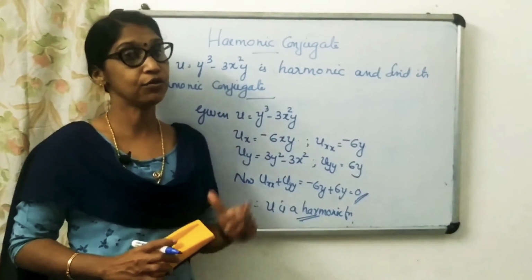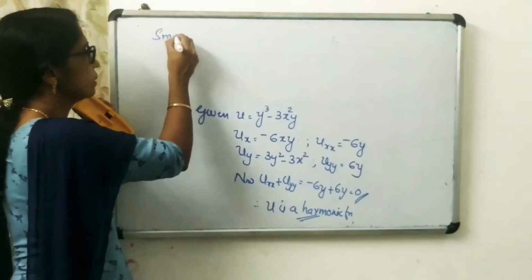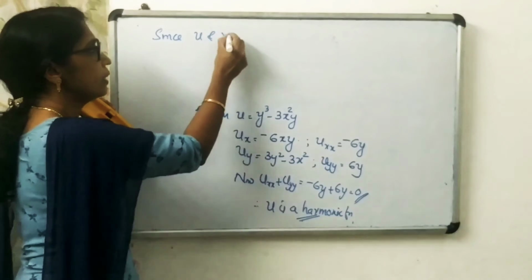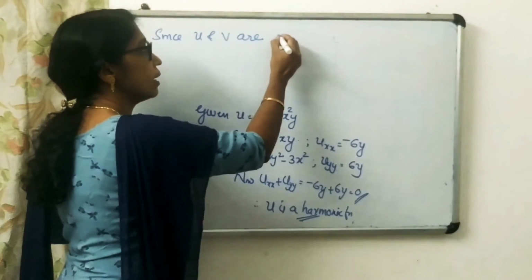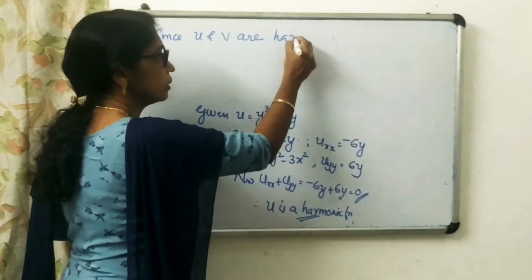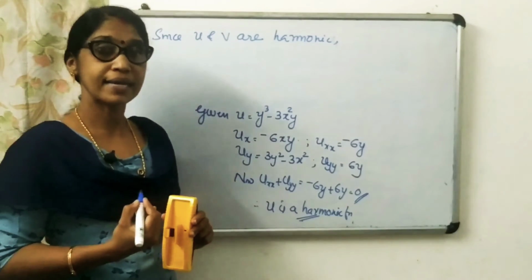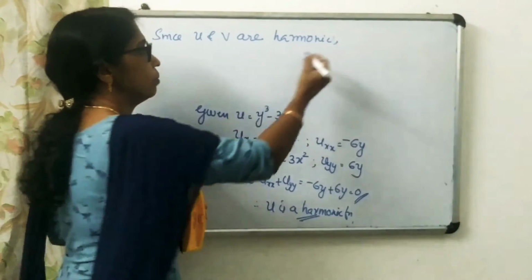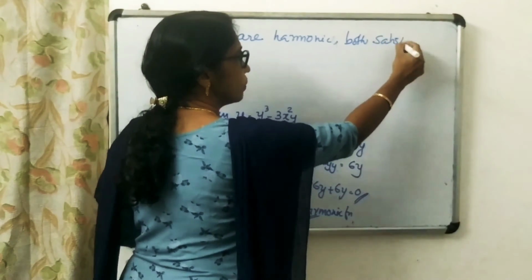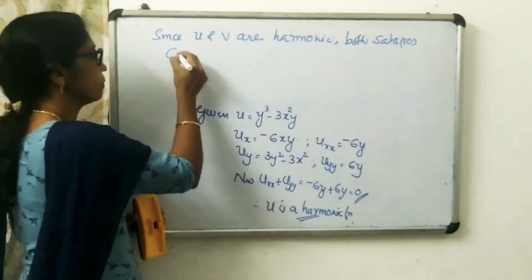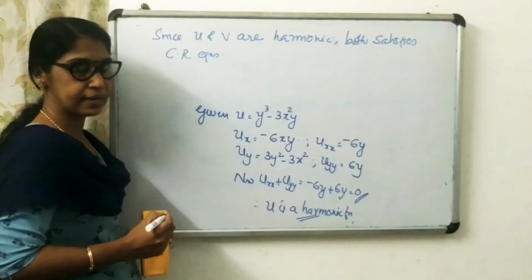Now we have to find v, the harmonic conjugate. Since u and v are harmonic, both satisfy the CR equations that we studied earlier.